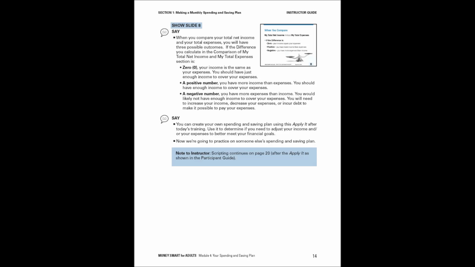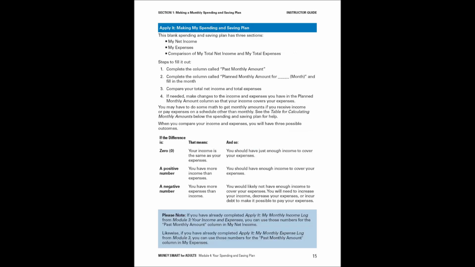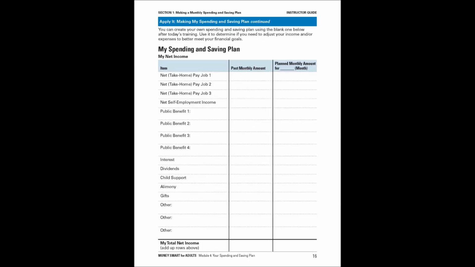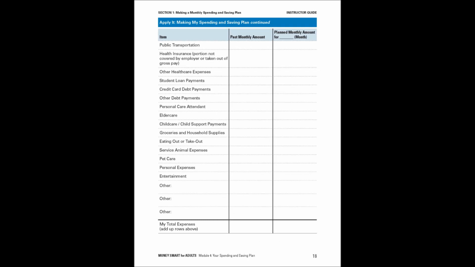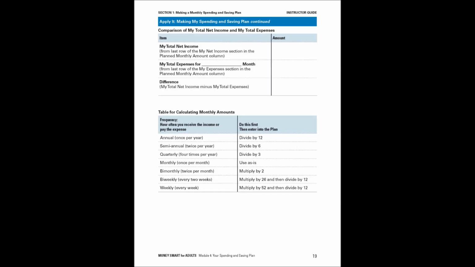Now, please note that your scripting is going to continue on page 20 in the instructor guide, because the next several pages, as you see here, page 15, 16, 17, 18, and 19, are all looking at the same information that your participants can see in their participant guide.